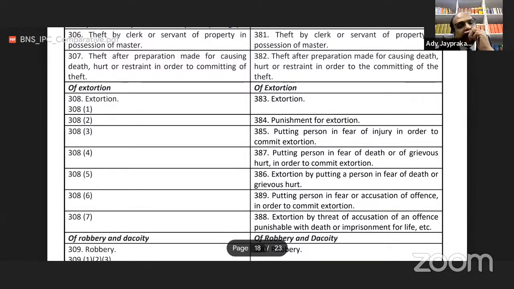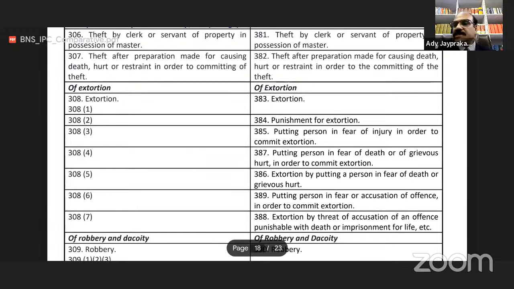Of extortion. Extortion means to grab, to demand a ransom amount, that is called extortion. Somebody kidnaps somebody's boy or girl, and they are now demanding some money.